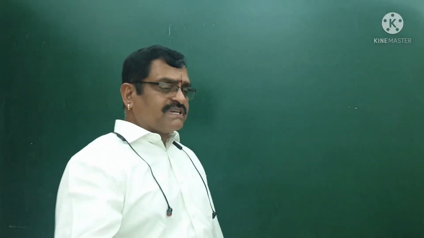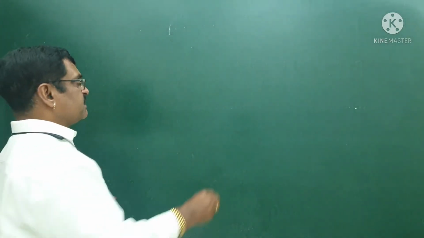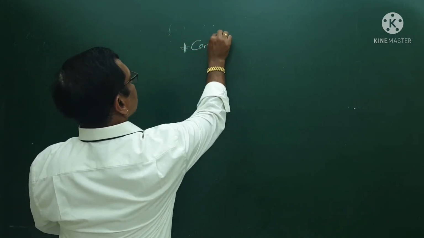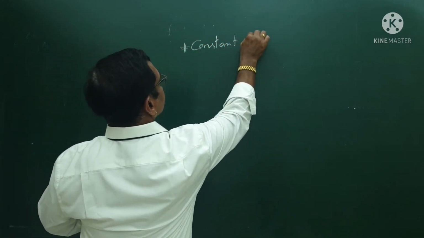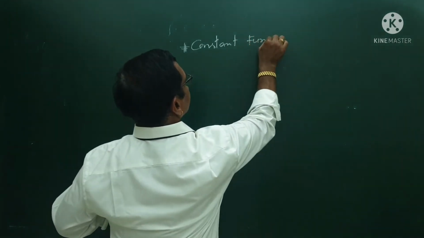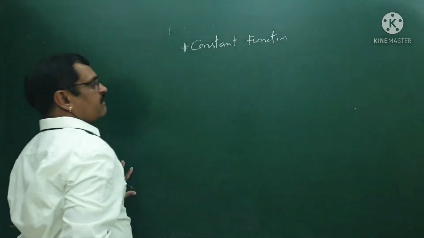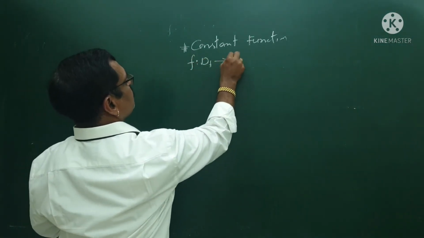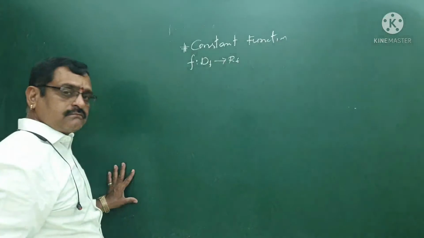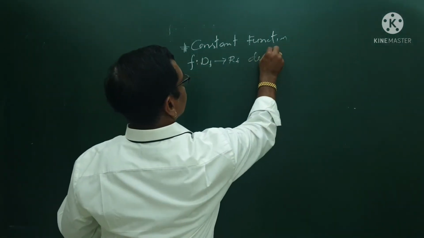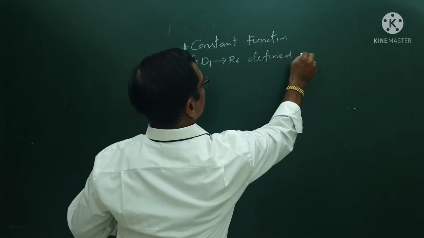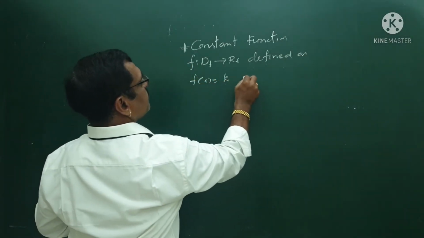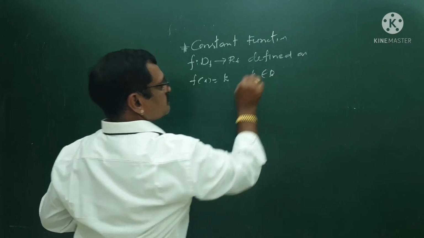Two more special functions are there. Number one is the constant function. What is the definition? Again, f maps domain of f to range of f, defined as f of x is equal to some k, where k belongs to real numbers.